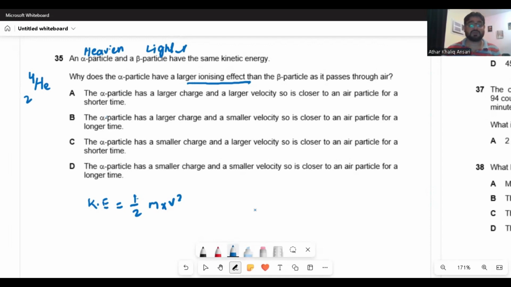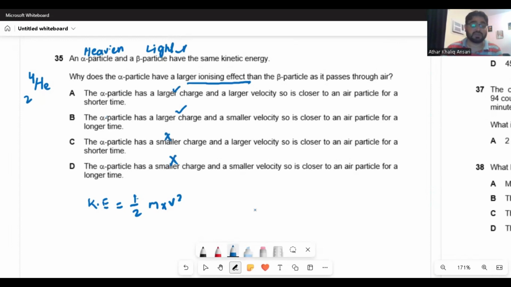It also has the charge of two protons, so it is twice the electron's charge. The charge of the alpha particle is two times positive, and the charge of the beta particle, an electron, is half of that and negative. So the alpha particle has the larger charge. Yes, of course. So A and B are both correct; C and D will be wrong.